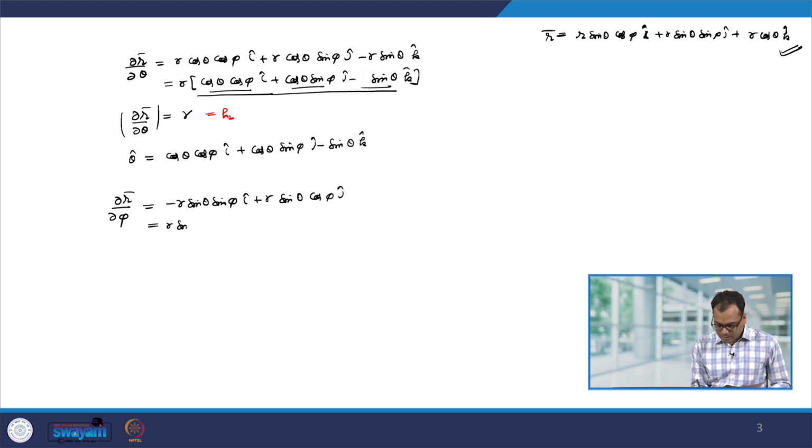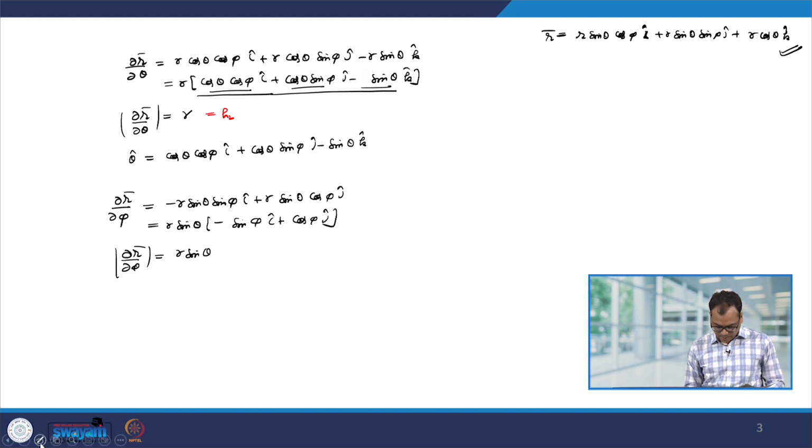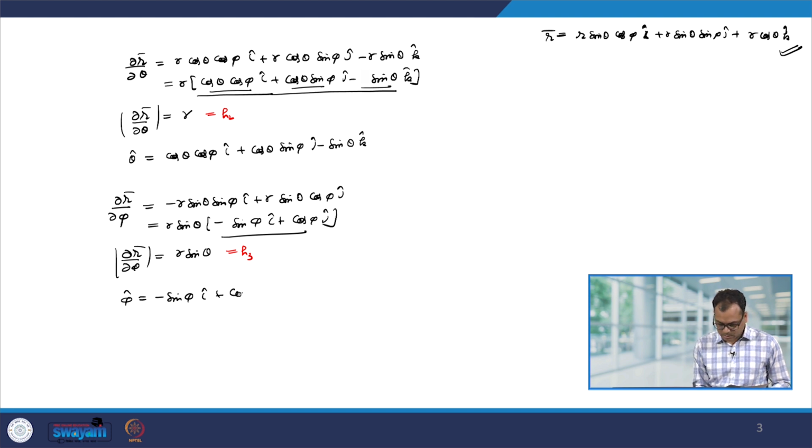I can take r sin theta as a common factor, then we get minus sin phi i plus cos phi j, and you can see that the modulus of del r over del phi is r sin theta. So, this is our h3, and whatever is left is the unit vector along the phi direction. So, phi cap is minus sin phi i plus cos phi j.